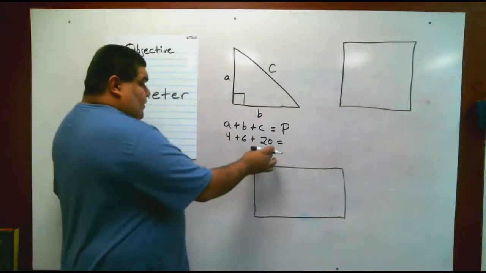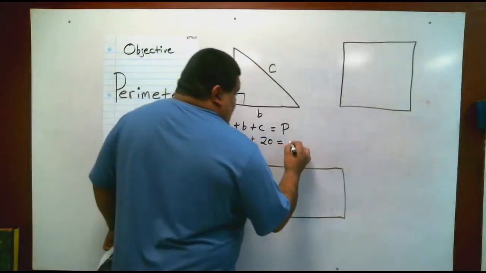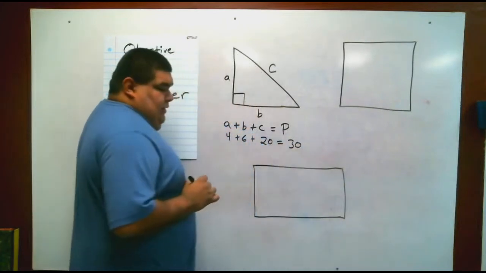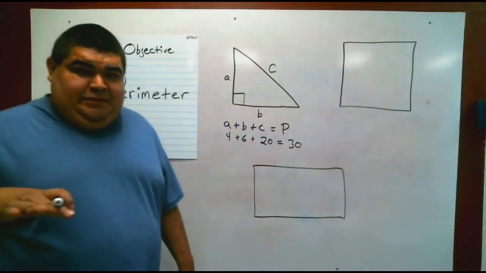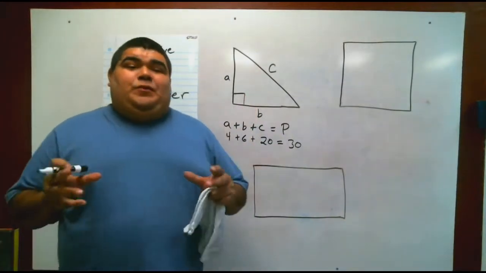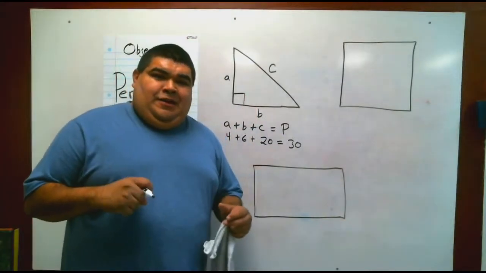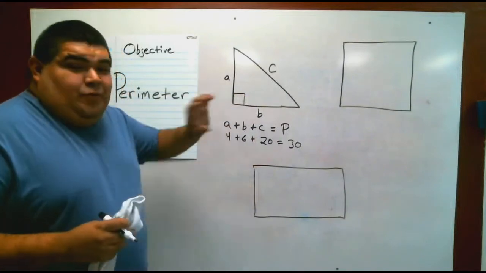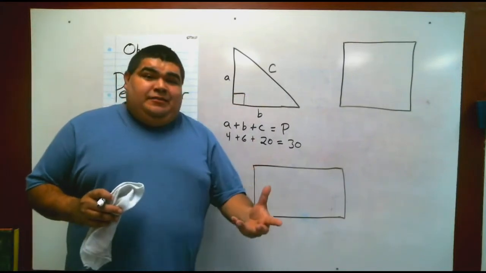So in this case, 20 plus 6 plus 4 is 30. Very, very simple. Again, the perimeter of this right triangle is all you have to do is add all three sides. Doesn't matter the order. The reason why is because it's all adding.